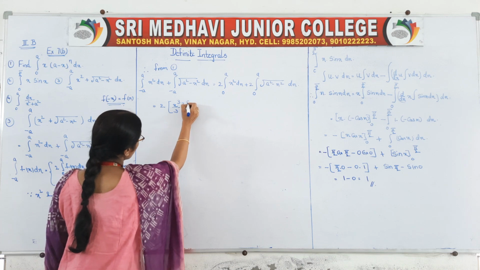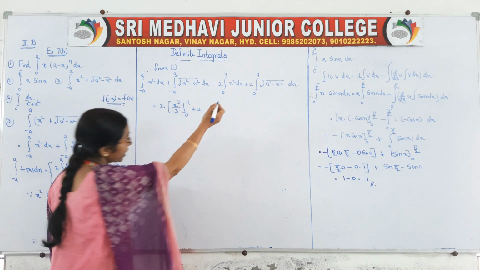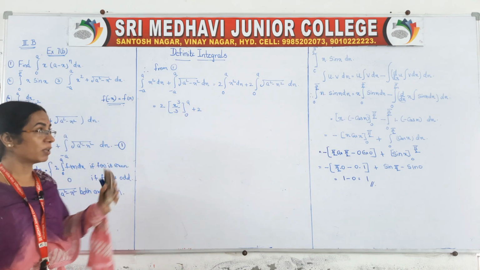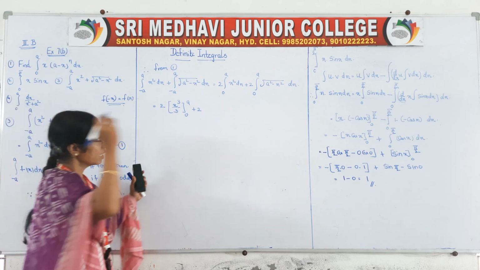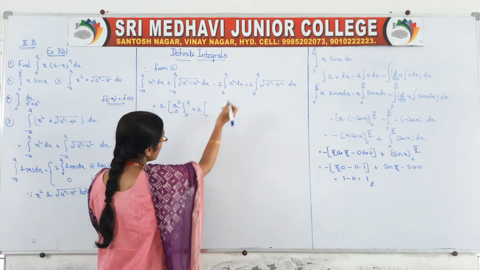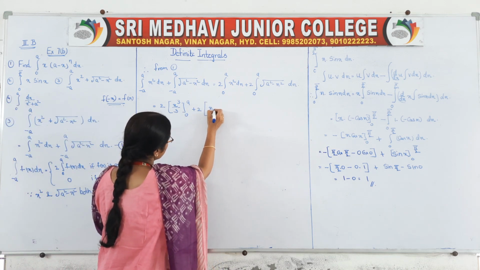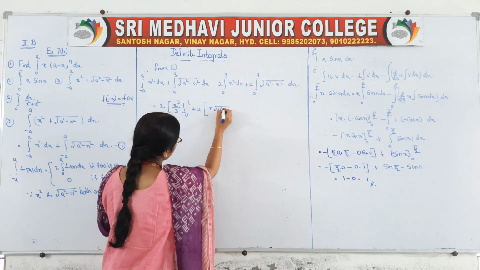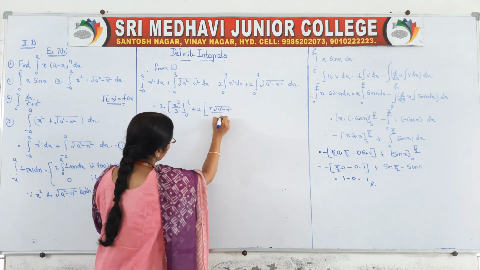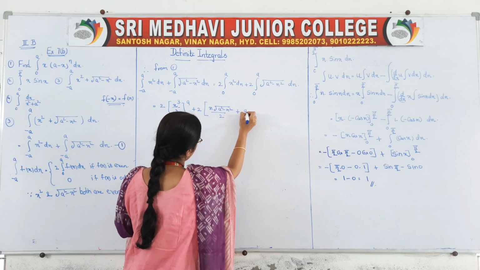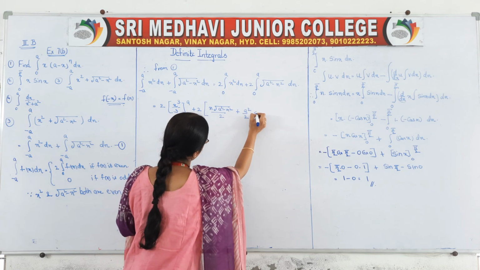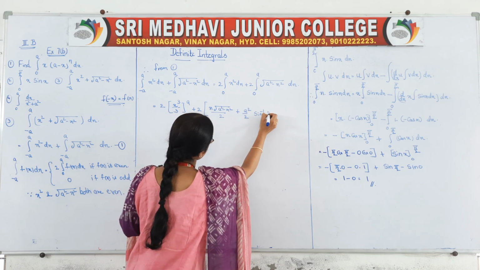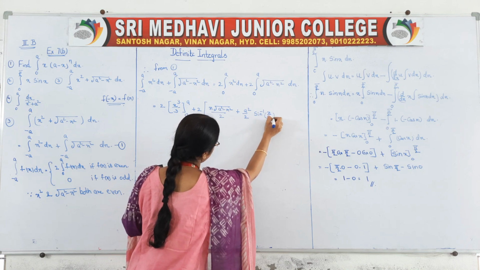Then 0 to a, plus 2 into, it is a standard formula we have used so many times, isn't it? So what is that formula? It is x into root of a square minus x square by 2 plus a square by 2 into sine inverse of x by a.